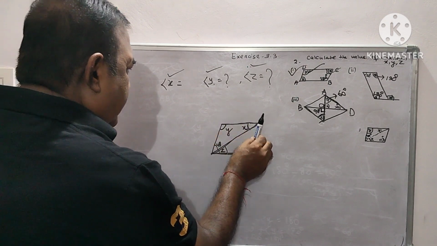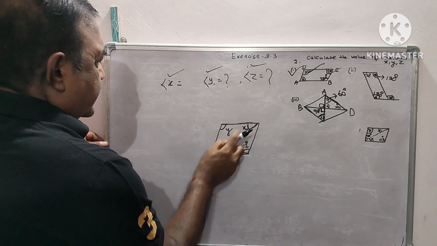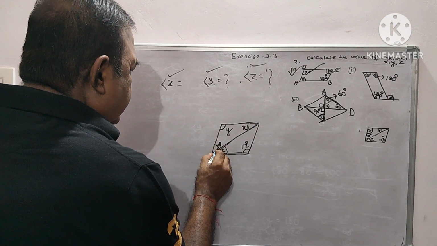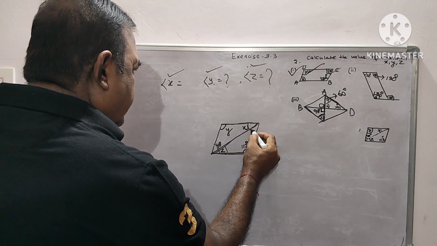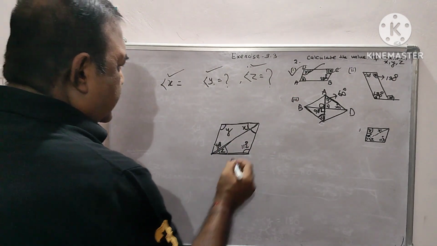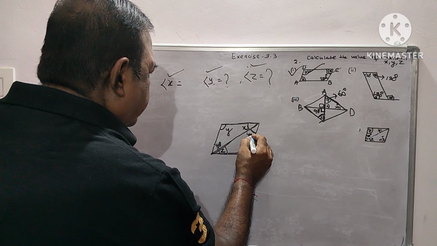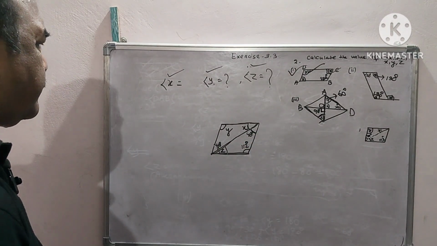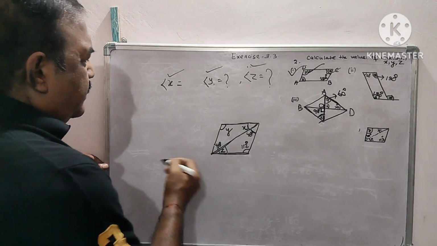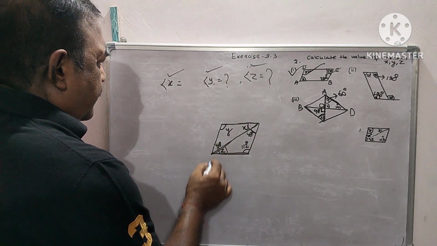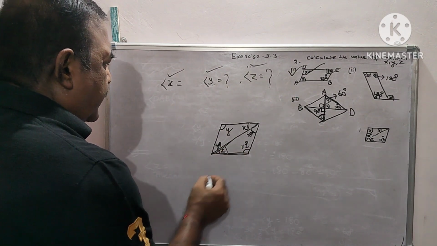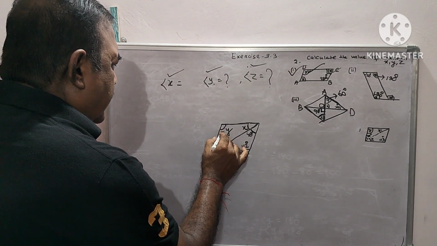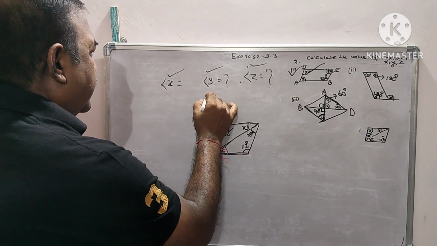This side is parallel to this side and this is the transversal. So this angle measures equal to this angle. So this is 40 degrees. And you see, in a parallelogram, opposite angles are of equal measure. So angle y is 112 degrees. So one we got.